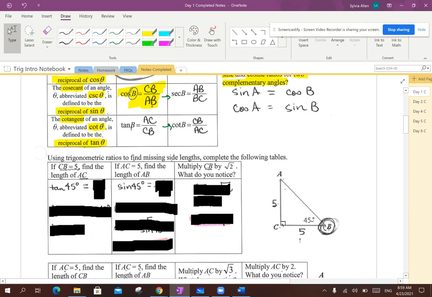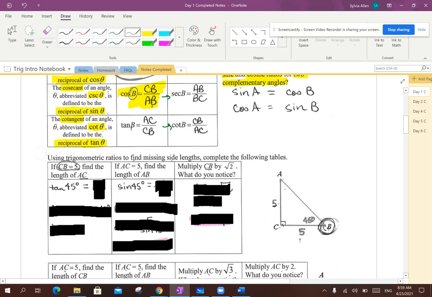Using trig ratios to find missing side lengths, we're going to complete the following table. So it says if CB is equal to 5. The first thing you need to do is understand CB is 5, so I'm going to put 5. And it does say that this is a 45-degree angle.